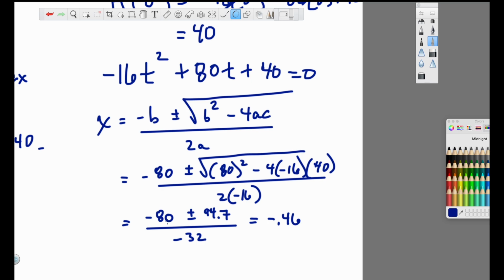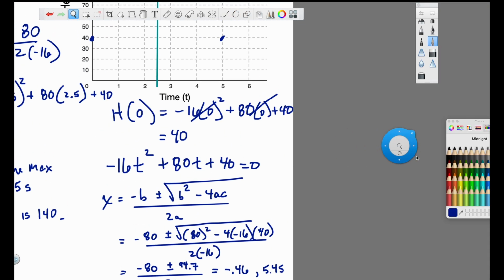And now if I do negative 80 plus 94.7 divided by a negative number, that gives me 5.45, something like that. So that means I have an x-intercept at negative 0.46, which would be about here, and then the other one is at 5.45, about 5.5.